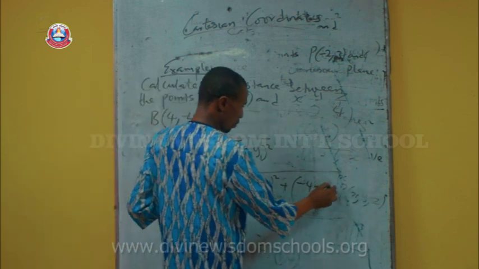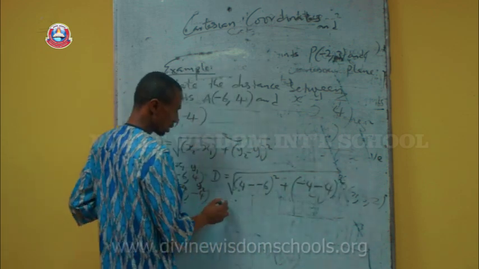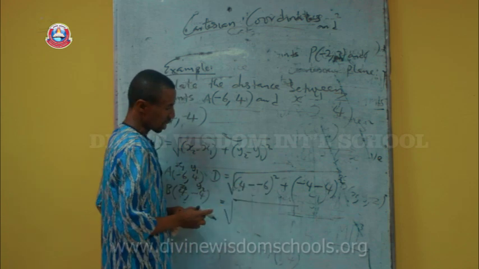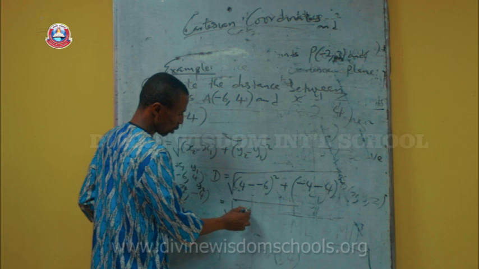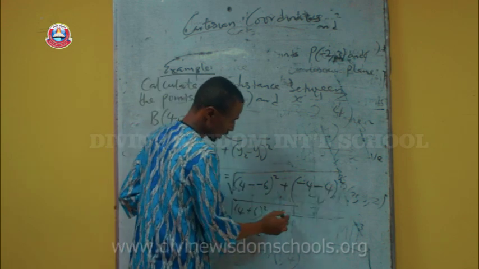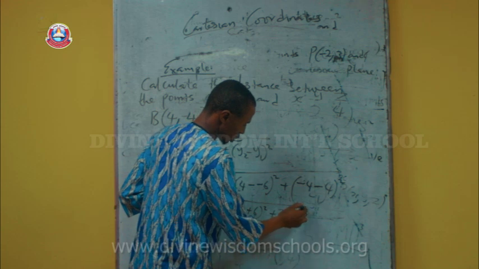So we also have 4 here, all squared. Thereafter, mathematically, minus minus gives us plus. So we have 4 plus 6 all squared plus minus 4 minus 4 gives us minus 8 all squared.